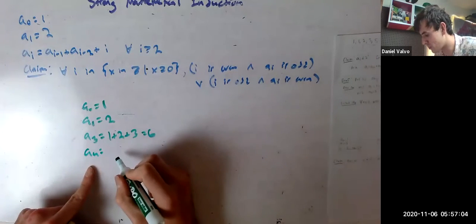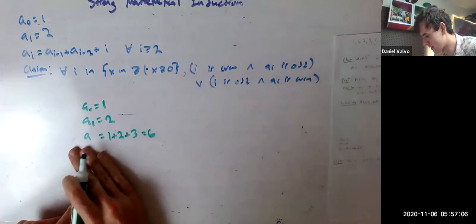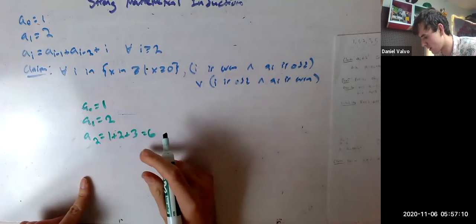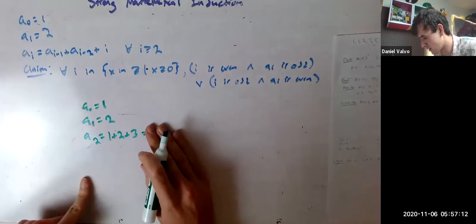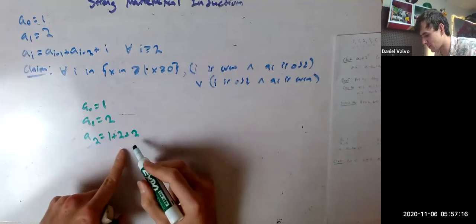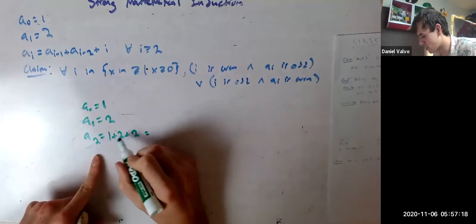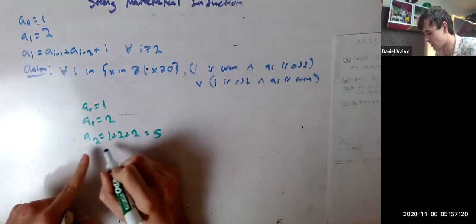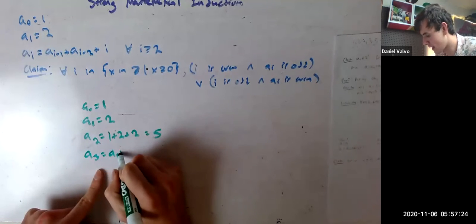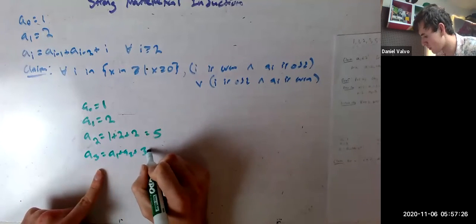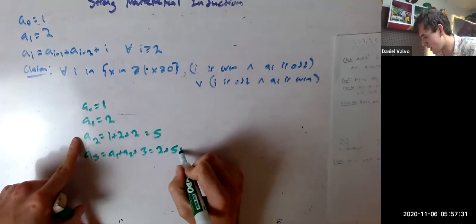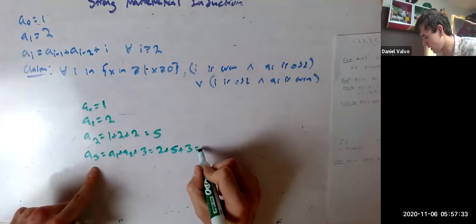A3, sorry, wait a minute. We add the two previous terms and we add the index of 3. So a1 plus a2 plus 3, which is 2 plus 5 plus 3.